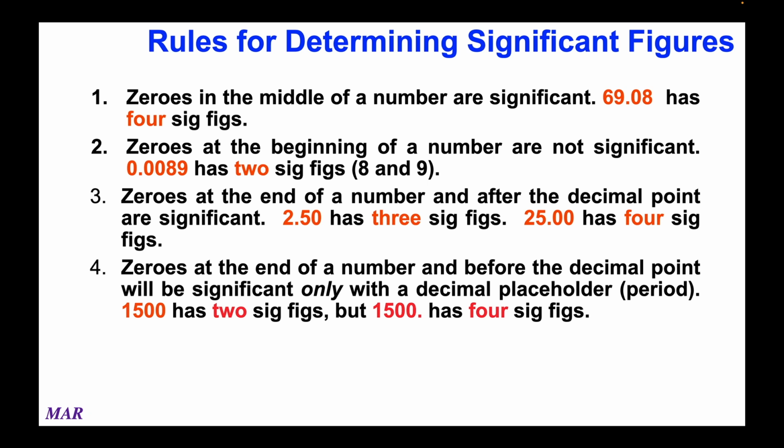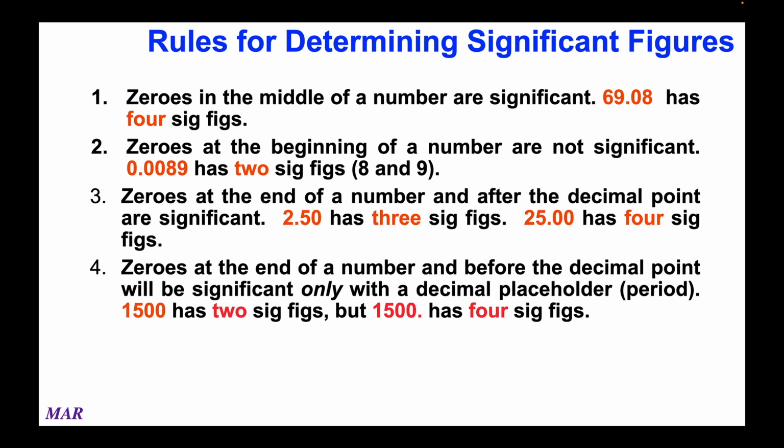If those zeros are significant, you need to include a decimal placeholder, a dot or a period. So 1500 with a dot says that those zeros are significant. You have 4 sig figs. So 1500 with a dot would be 1499 to 1501. The precision would be at the 1 spot.